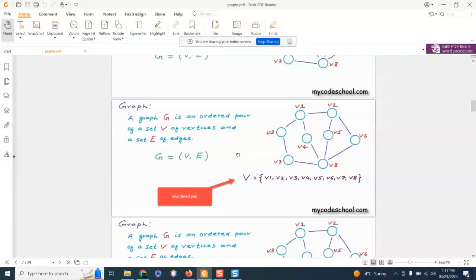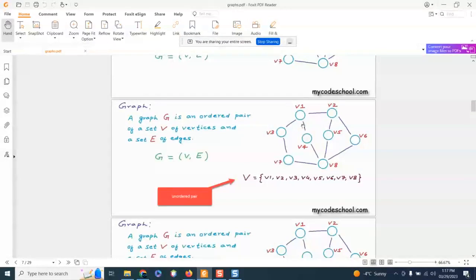But when I talk about the combination, graph equals V and E, then we will pick up V1 comma E1, meaning which vertices, which nodes, this V1 is connected with.